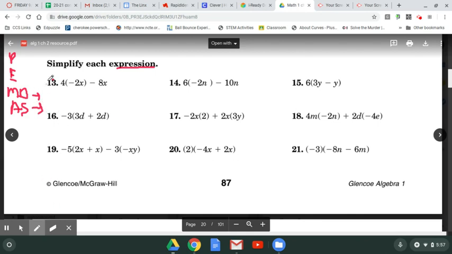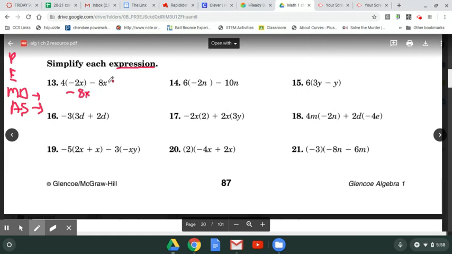All right, so here on number 13, what are we going to do first? Are there parentheses we can do? Exponents, multiplication or division, adding or subtracting? Right, we have to do multiplying before we can do subtraction. So we multiply 4 times negative 2x, and we get negative 8x.